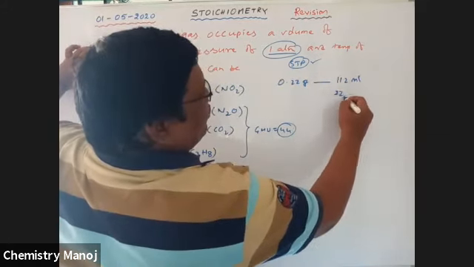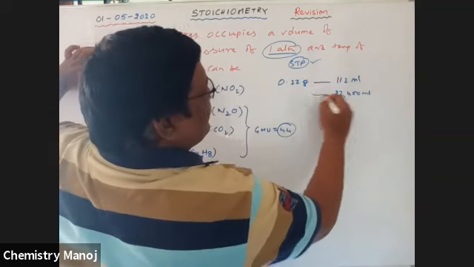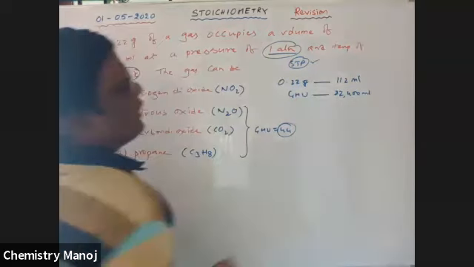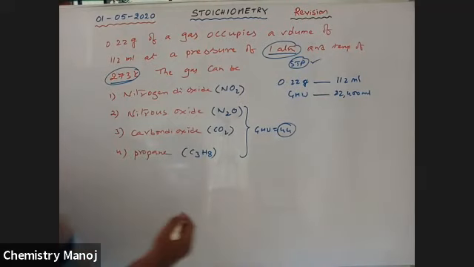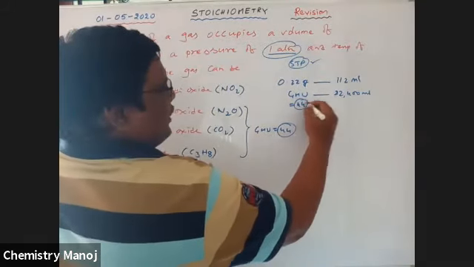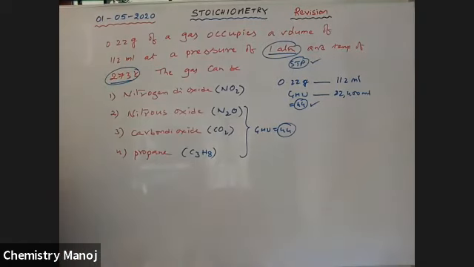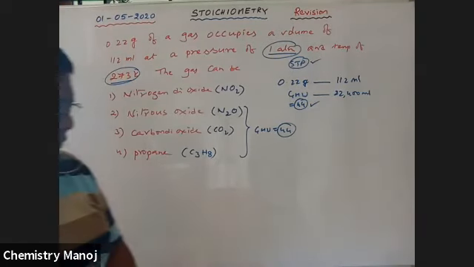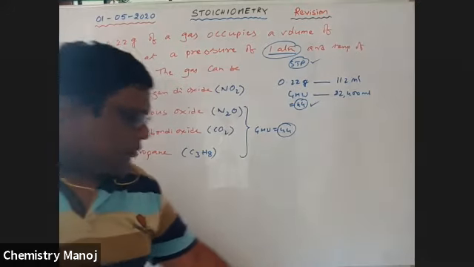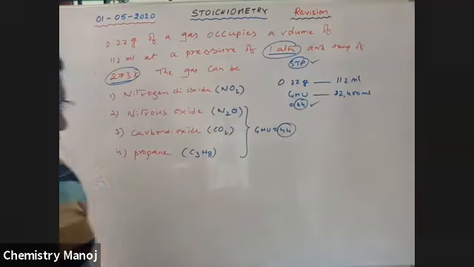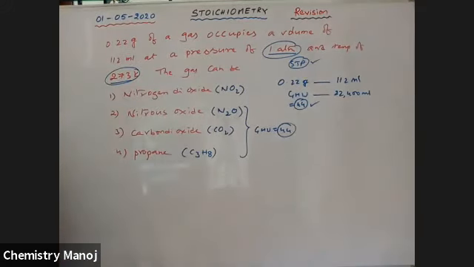That is, 22,400 ml corresponds to the gram molecular weight. After calculation, this gram molecular weight is equal to 44. That 44 is for 2, 3, 4 molecules. So that is the answer, 2, 3, 4 in the option.